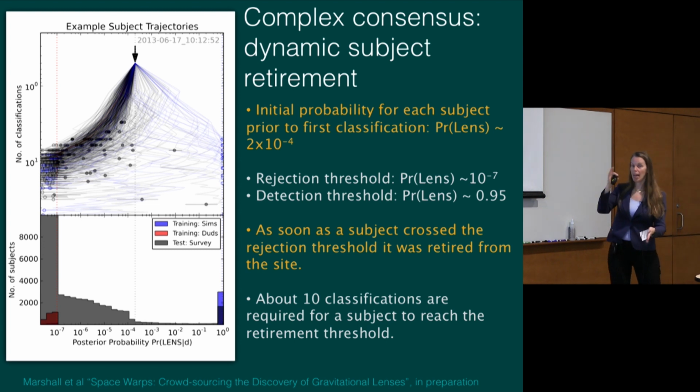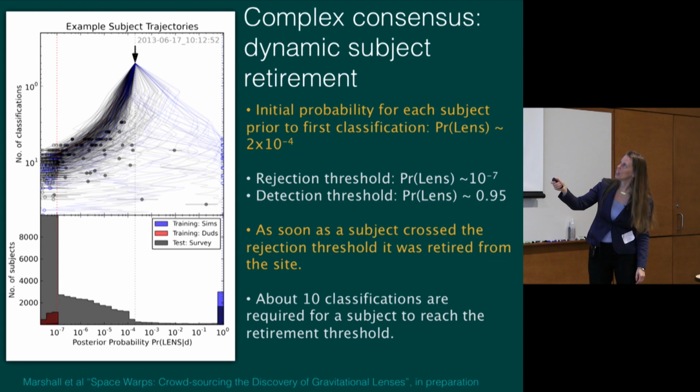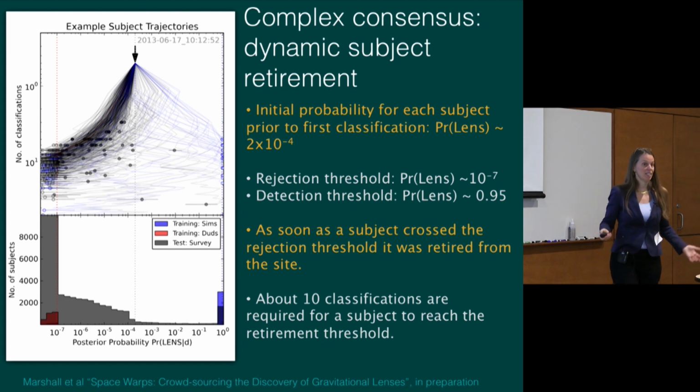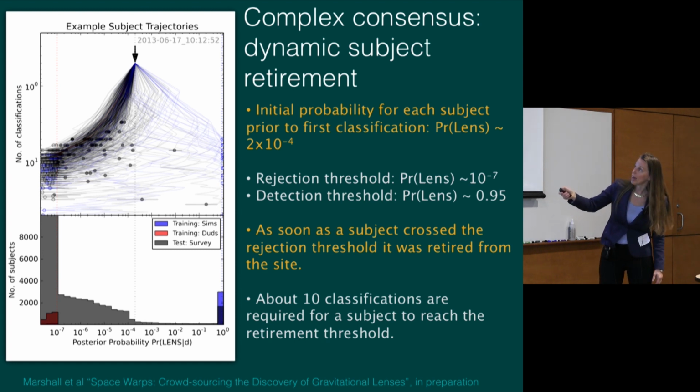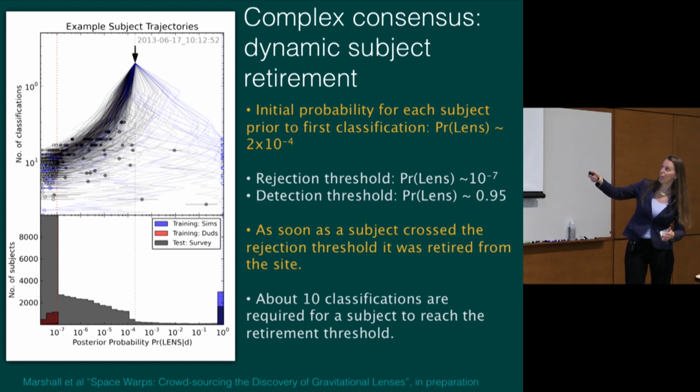Then you follow a trajectory here, and as any individual does a classification, whether it's a lens or not, it bumps the probability one way or the other. Most, because they're not going to be lenses, are going to pretty quickly find themselves over here, past this rejection threshold of 10 to the minus 7 probability.